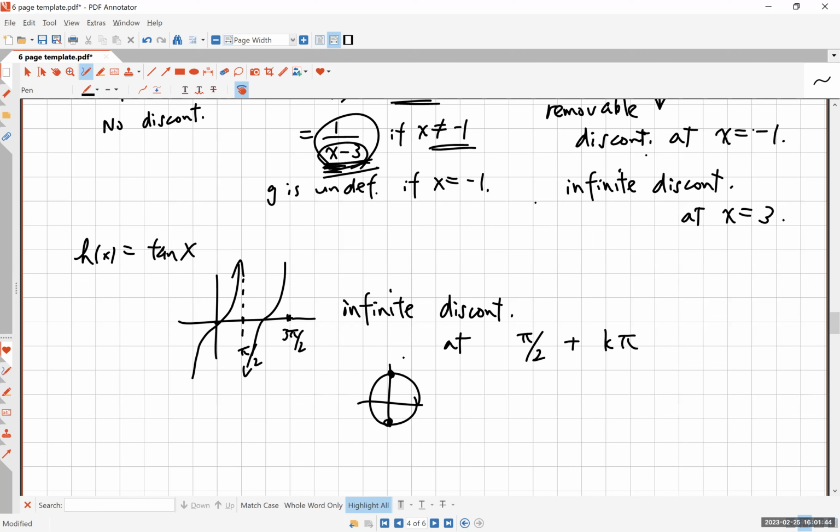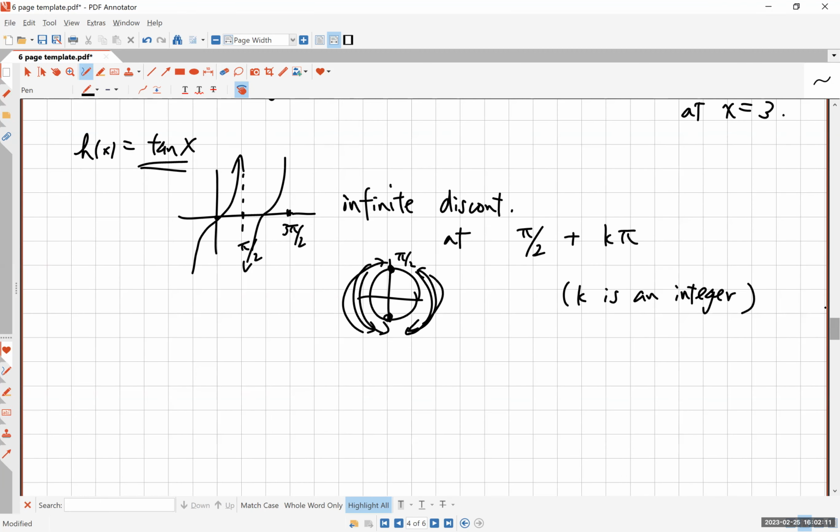So the first one is pi over 2, then pi, 2 pi, 3 pi, or negative pi, -2 pi, -3 pi, and so on, where k is an integer. And so you have in this function infinitely many discontinuities, and all discontinuities are of the type infinite discontinuity. All right, so that is number 15.